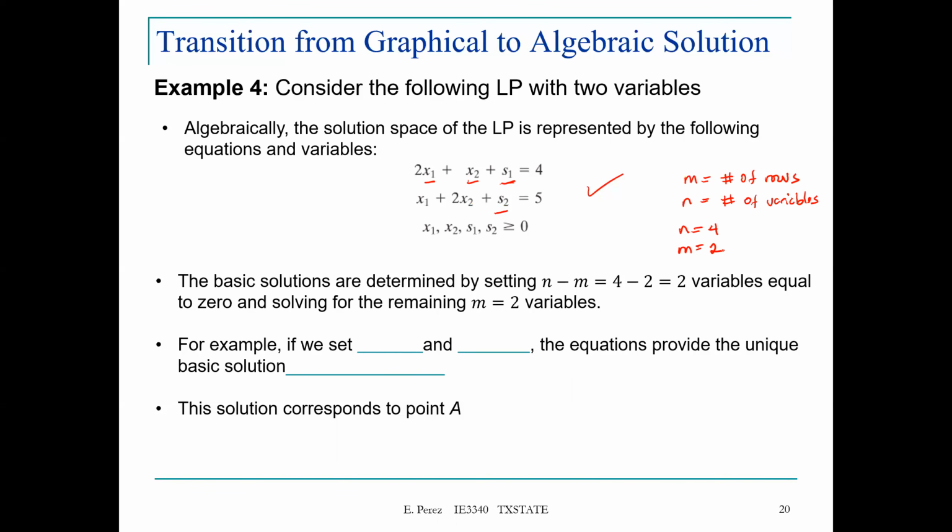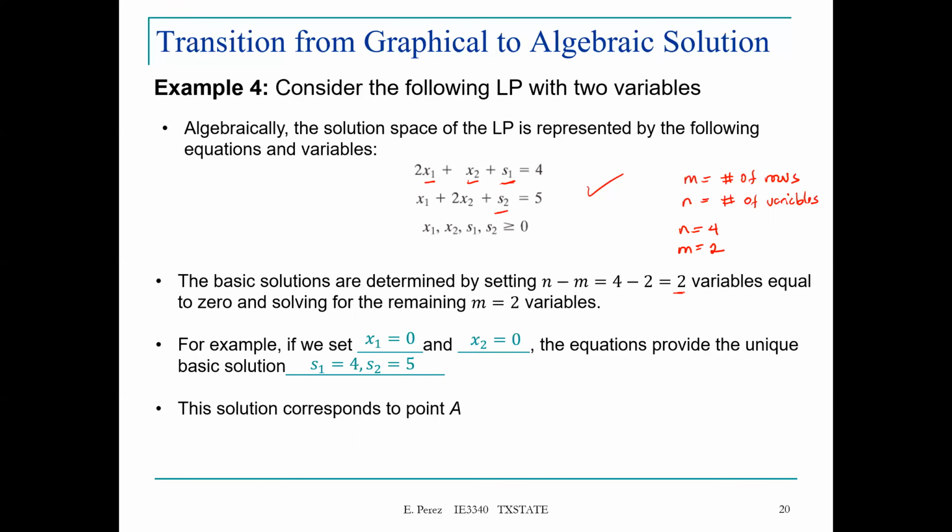So basic solutions are going to be determined by setting n minus m, which is 2, variables equal to 0. So we set 2 variables equal to 0 and solve for the remaining 2 variables. For example, if we set x1 and x2 equal to 0, the equations provide the unique basic solution s1 equals 4 and s2 equals 5.